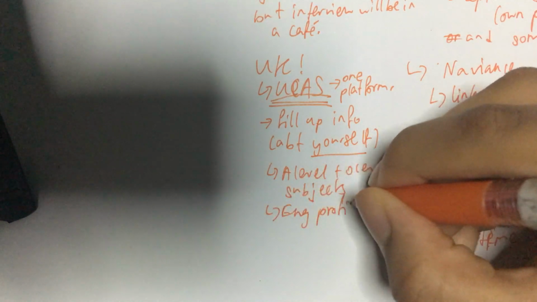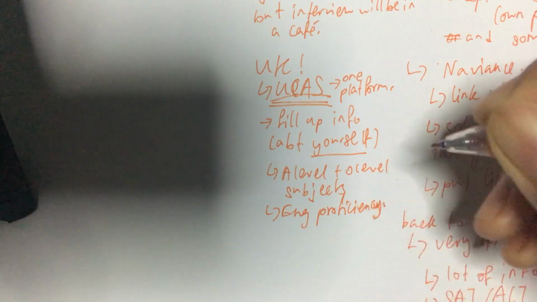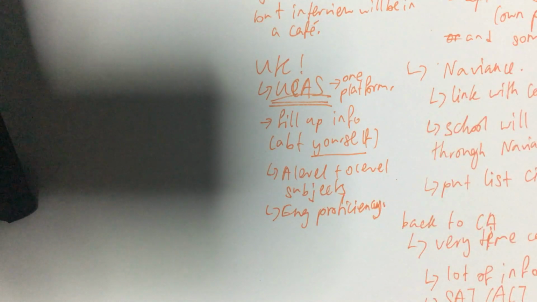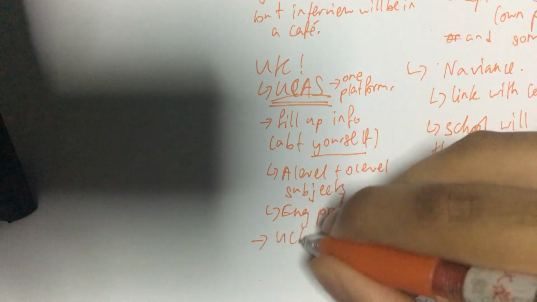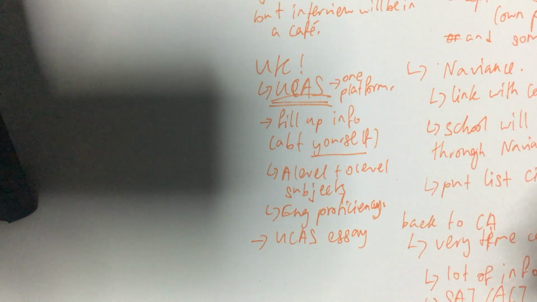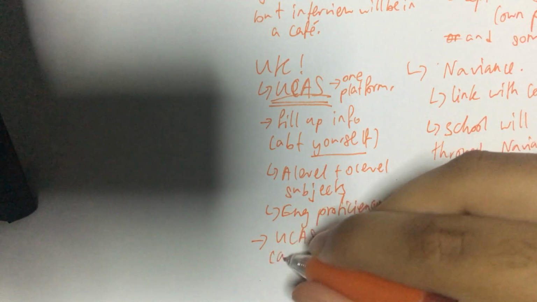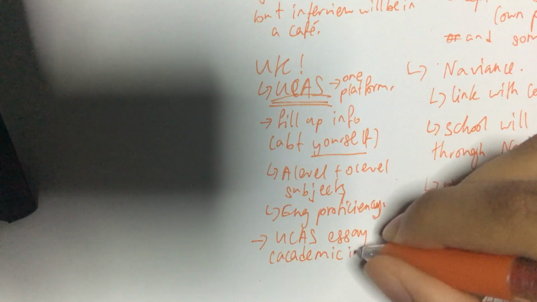Then once again you have an essay that you need to put in UCAS, but this essay is completely different from the Common App essay. Why? Because in the UK they value academic excellence more than all-roundedness.